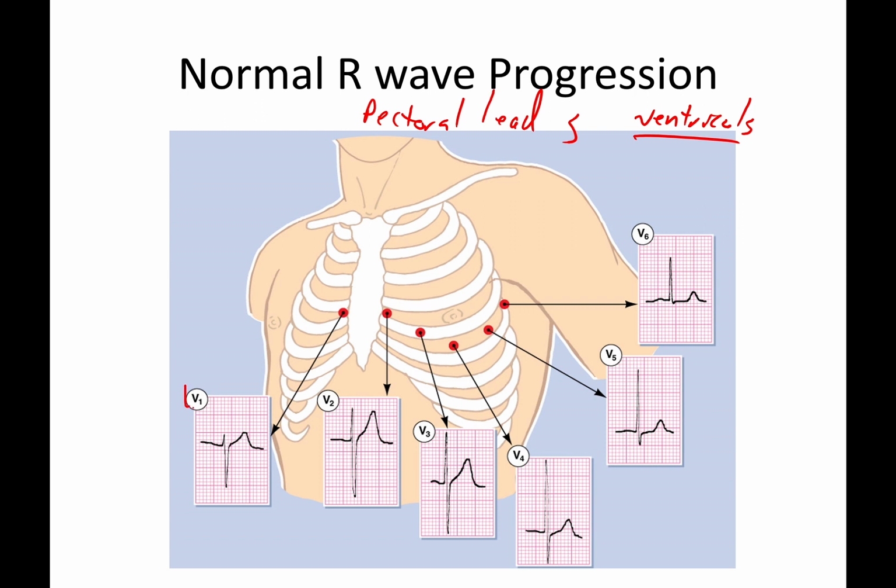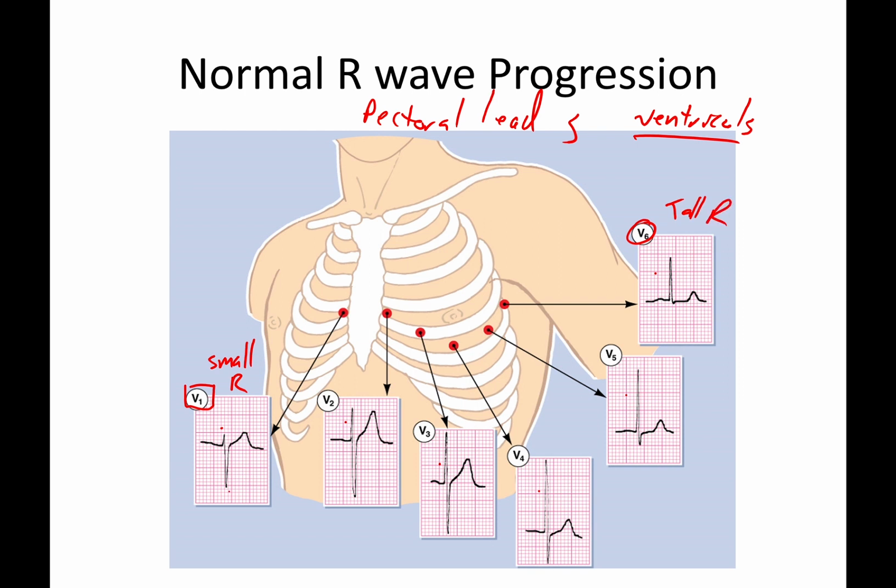If you look at V1, you'll see that the R wave is small. But as you walk through, you'll see how that R wave changes so that by V6 you have a tall R wave.